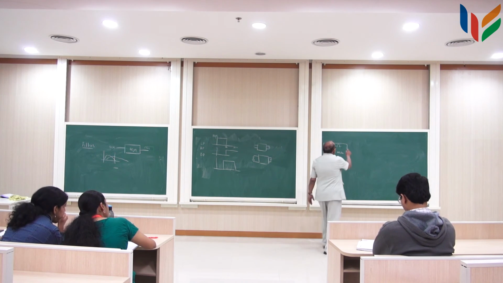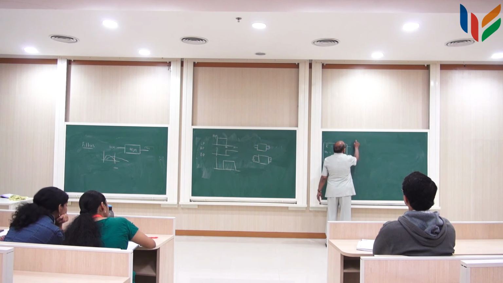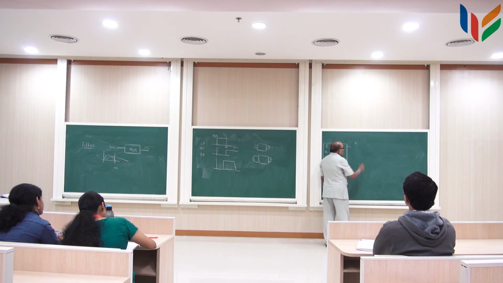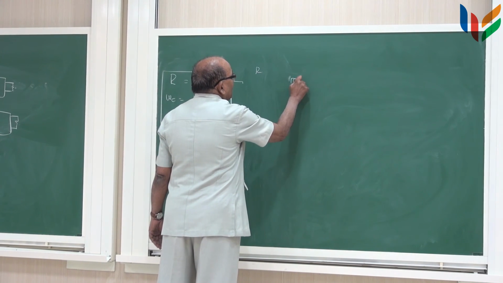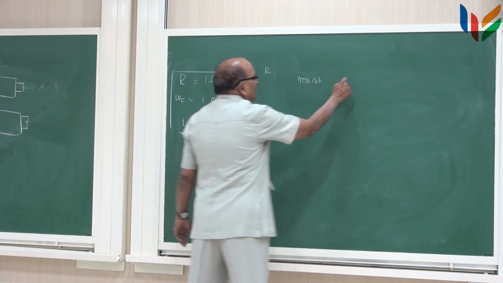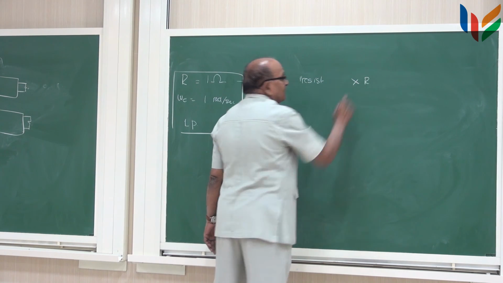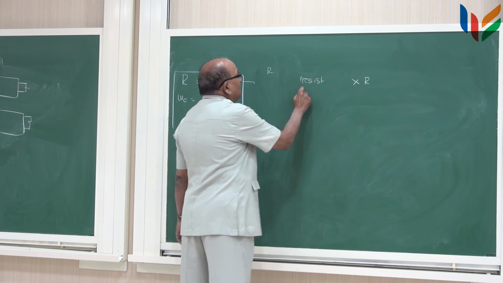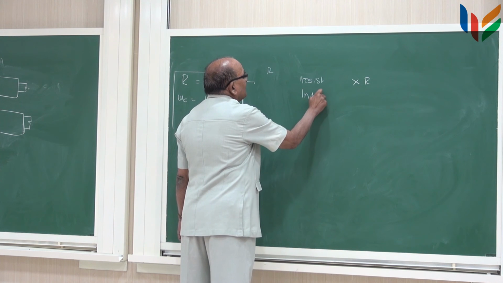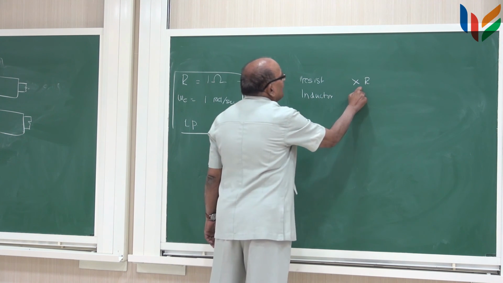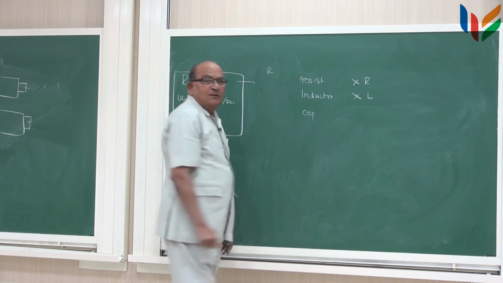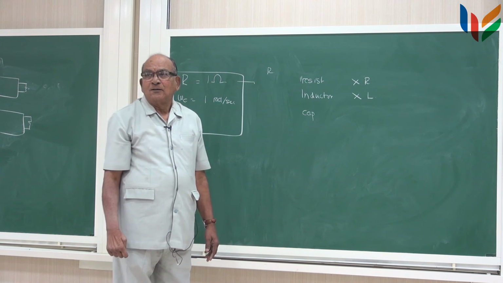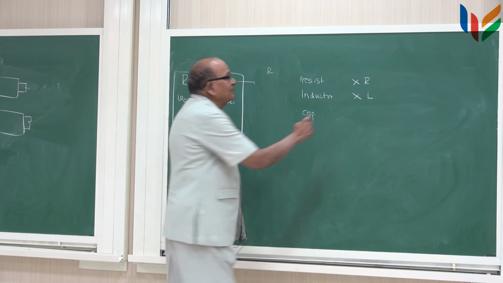So, for changing this to some other impedance level R, all resistances will be multiplied by R, inductors will be multiplied by R, and capacitors will be divided by R, right?